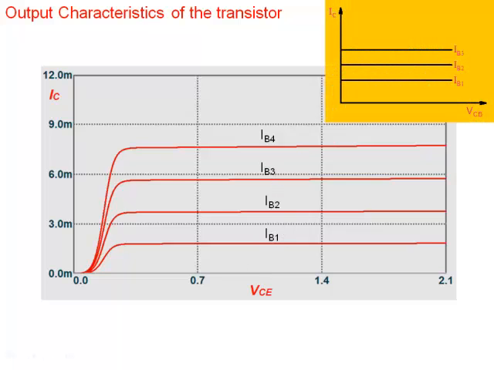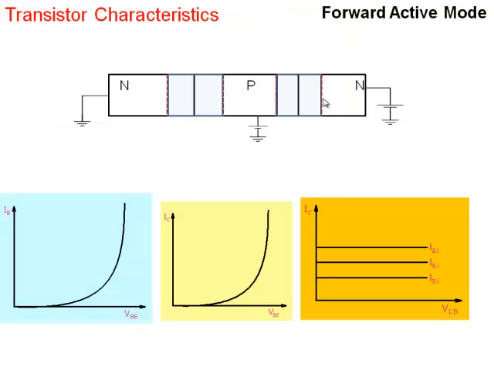Now let me explain a little bit here. I said IC should be independent of VCB. That's what we said, right? That my collector current that flows here should be independent of the collector base voltage here. Because collector base voltage is what? The reverse bias voltage on the PN junction. Collector current should not depend much on the collector base voltage.